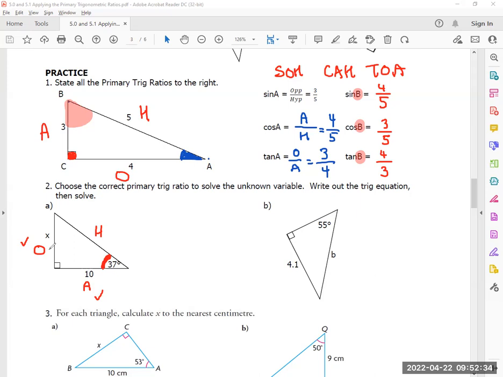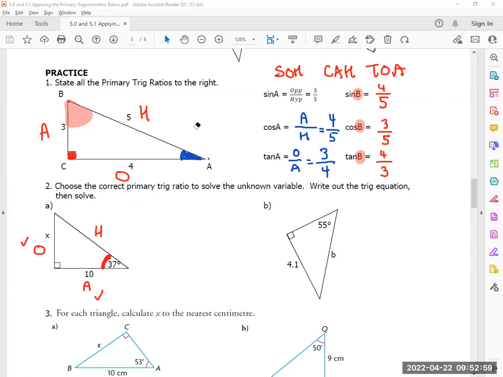Do you know what I'm going to ask next? What ratio am I going to use? Why do you say that? Right. Tangent. Using the mnemonic SOHCAHTOA, between SOH, CAH, and TOA, which one's going to use O and A? TOA, right? So tangent is what we're going to use.